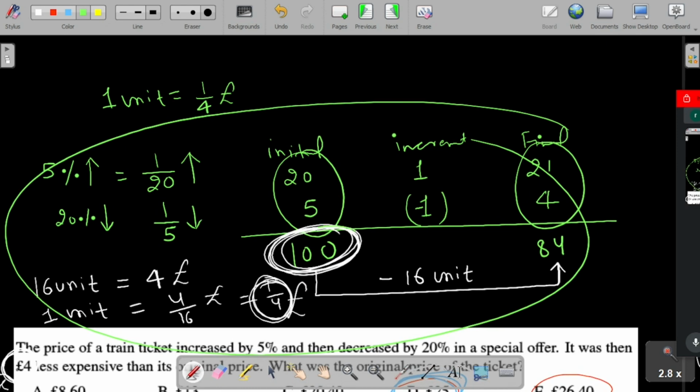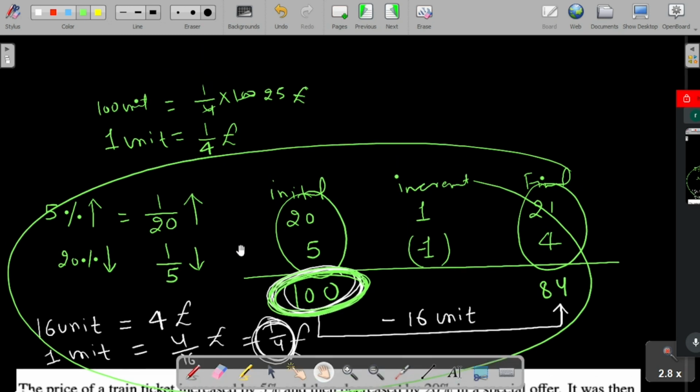How much initial do we have? We have to find for 100 units. So if 1 unit stands for 1 by 4, then 100 units will stand for 1 by 4 into 100. So you will get 25 pounds. Yes, tell me. Still have doubt? No.